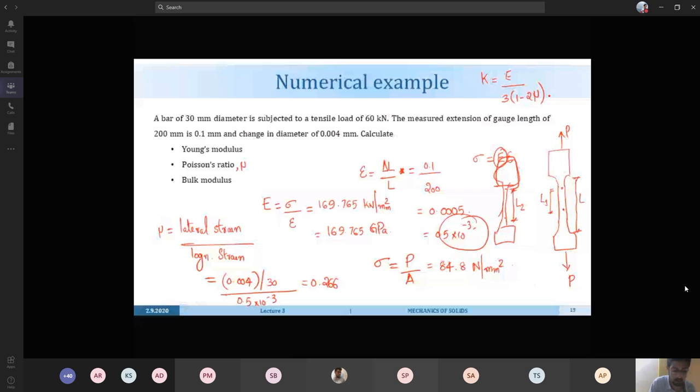Yes, sir. So it is coming 117.89 kilonewton per millimeter square. Can you check the answer again? For bulk modulus, sir. Yeah, bulk modulus.